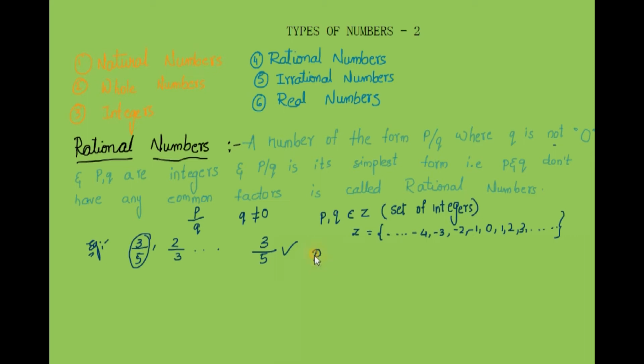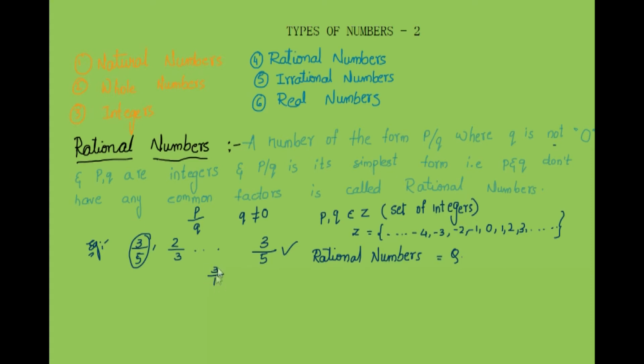Rational numbers are represented by Q. This is in the form of p by q. Here p is also a rational number and q is also a rational number, because if we take 3 by 5, 3 can be written as 3 by 1.